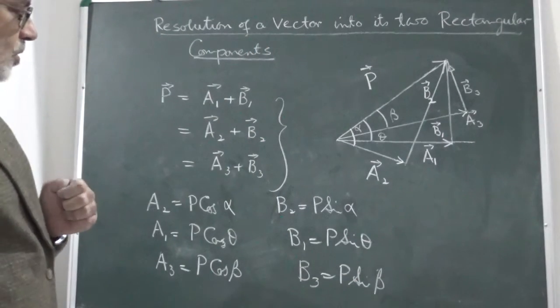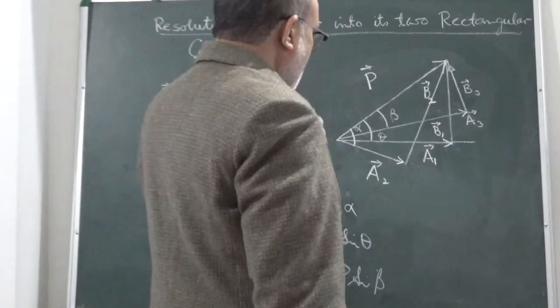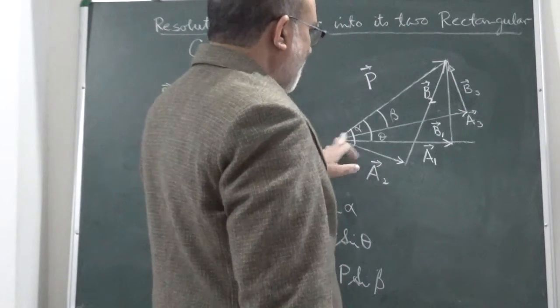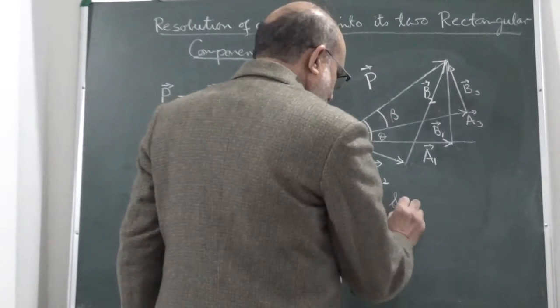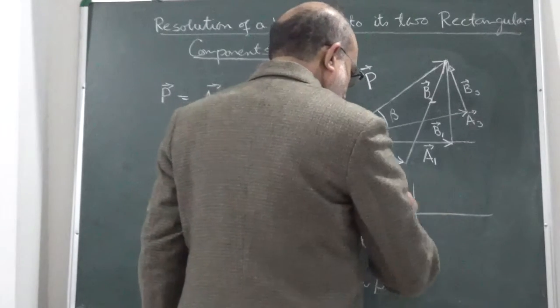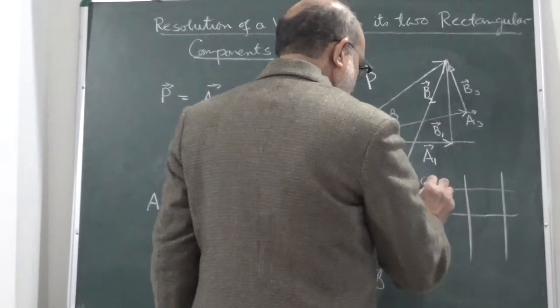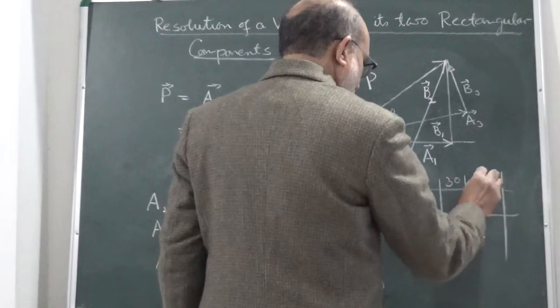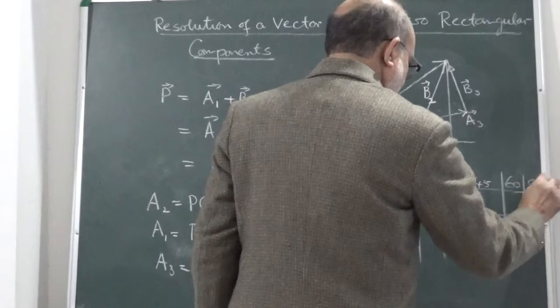Now we know that as the angle increases, the cosine component decreases and the sine component increases, because the values of sine and cosine vary like this: 0, 30, 45, 60, 90.